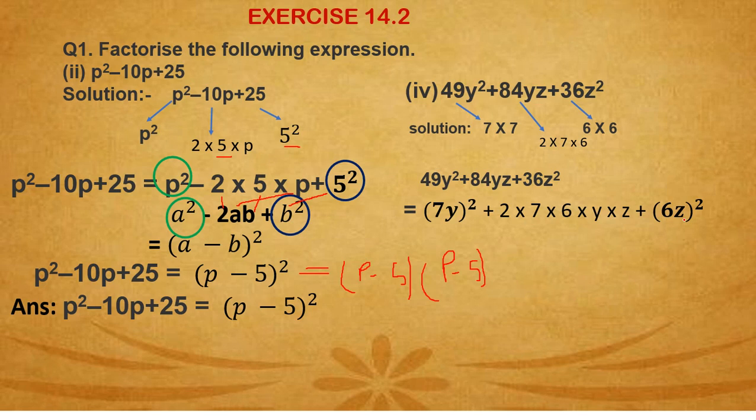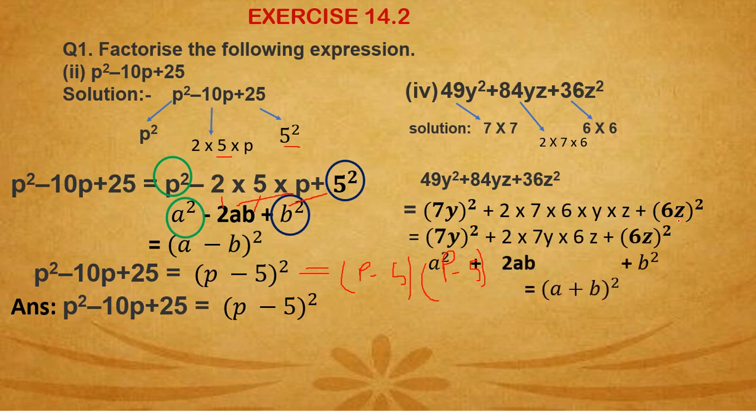Now again, when we compare this, we get a square, that is 7y, b square, that is 6z, that means the value of a is 7y and b is 6z. So we know the identity a square plus 2ab plus b square is a plus b whole square.